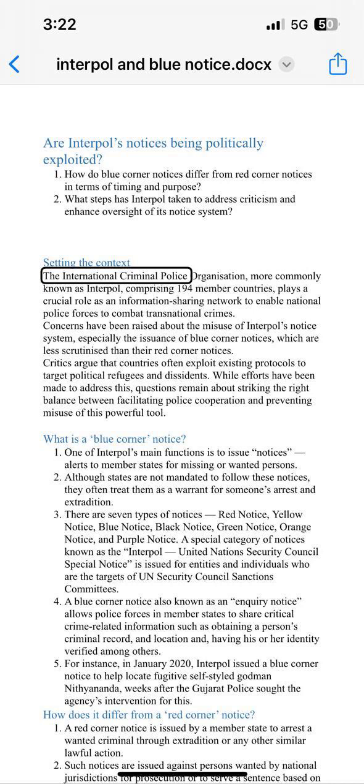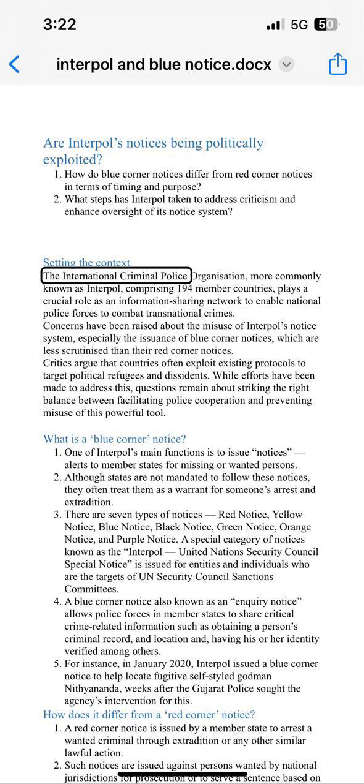Now let me tell you first 5 color notices, right? I hope that whatever I am talking to you is clear, right? I have spoken about blue color notice, then red color notice, then coming to the third color, that is yellow color notice. What is yellow color notice?